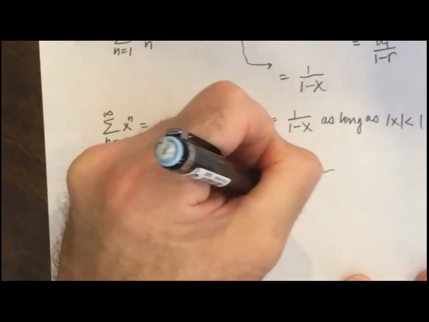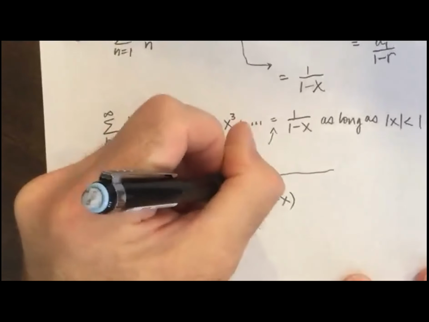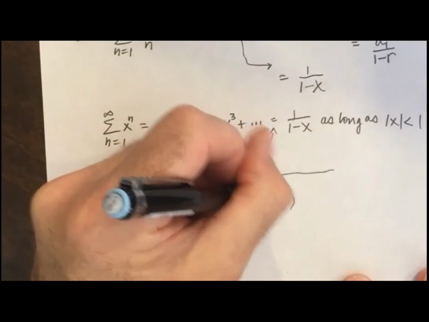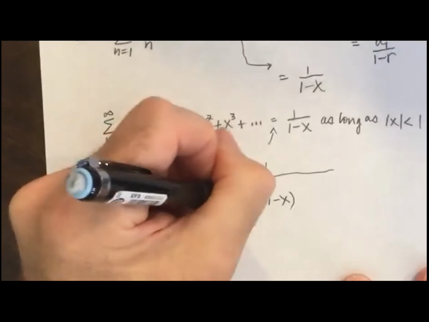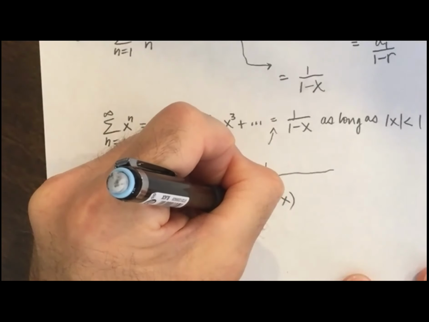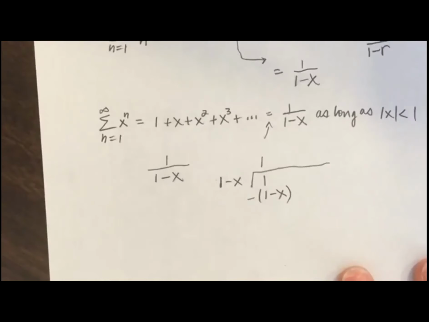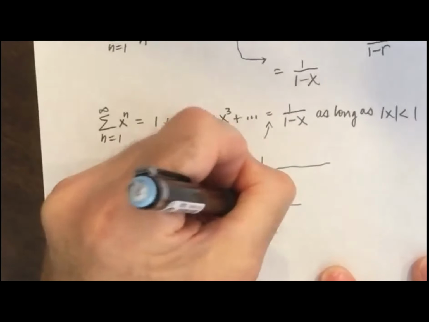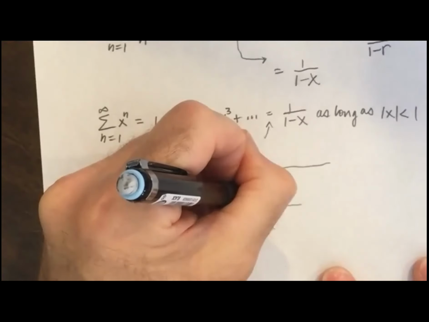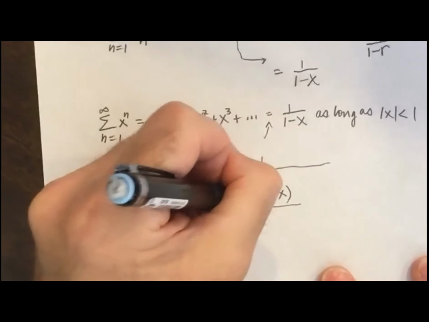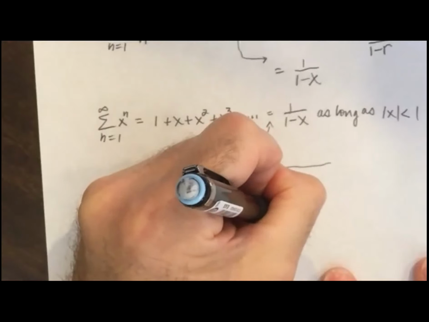Okay, 1 minus x. And then what do you do with these? Subtract, yes? Remember good old long division? Okay, 1 minus 1, that's 0. 0 minus a minus x, that's x, isn't it?